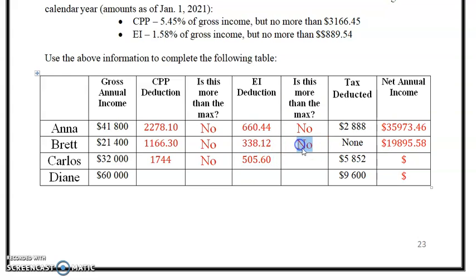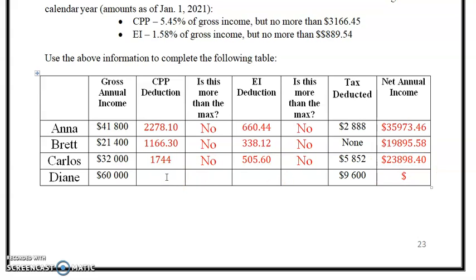Again, that's a no, which we knew was going to happen, right? So the tax deducted was 58.52. So I'll take my 32,000. I'll minus the 1744 for CPP. I'll minus the EI of 505.60. And I'll minus the tax, which was already calculated for us, for a net annual income of $29,698. It says decimal 4, but we put the 0 in because it's money.